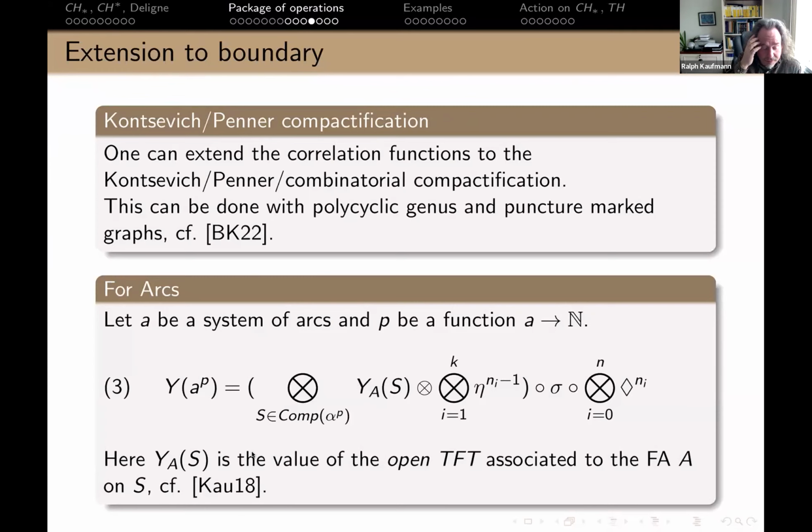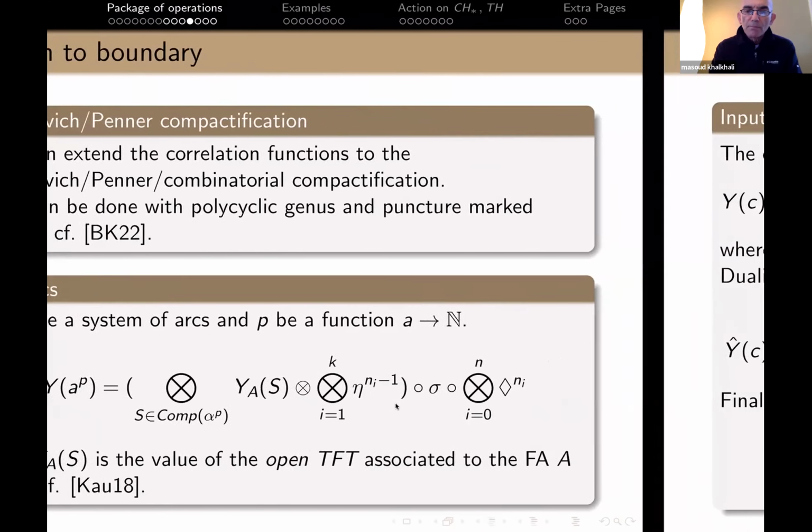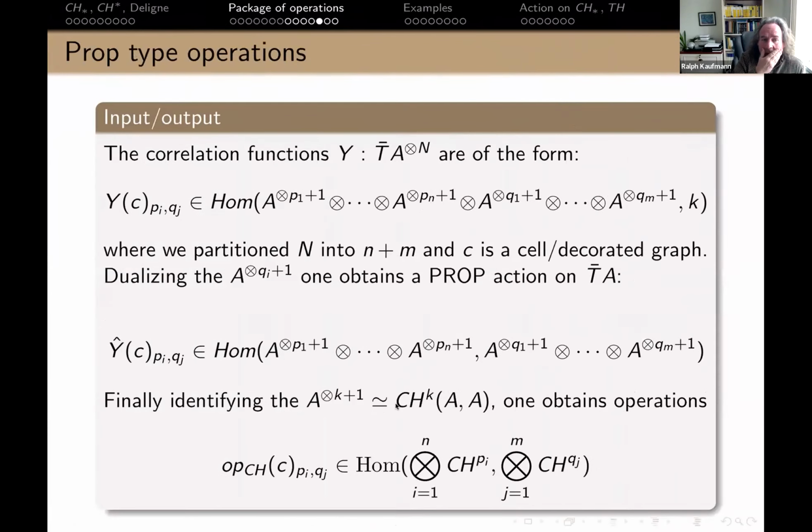It's a paper of 18. So there's this nice universal formula which tells you that if you have a cell in the compactified moduli space that corresponds to some sort of graph with extra decorations, then for that you have an operation. And that works DG.